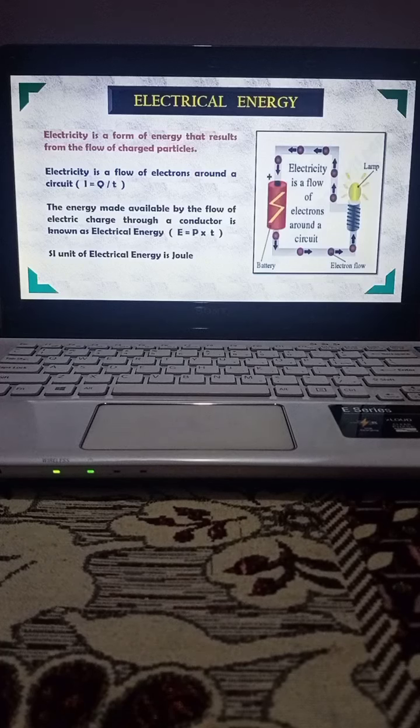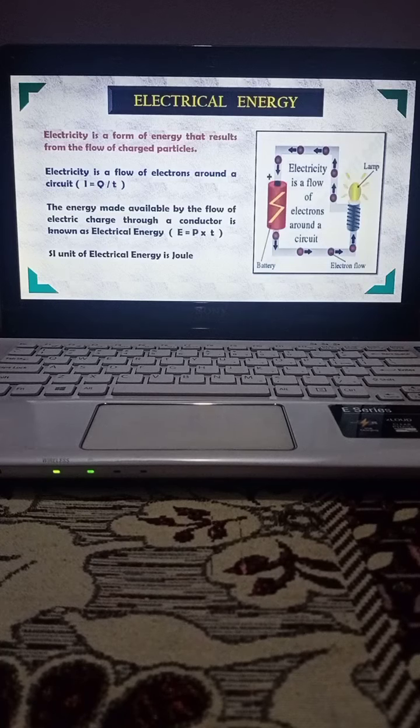Or we can say that electricity is a flow of electrons around a circuit, and with the help of the formula I, which represents ampere, is equal to Q by T. Q means total number of charges and T represents time. So I is equal to Q by T.